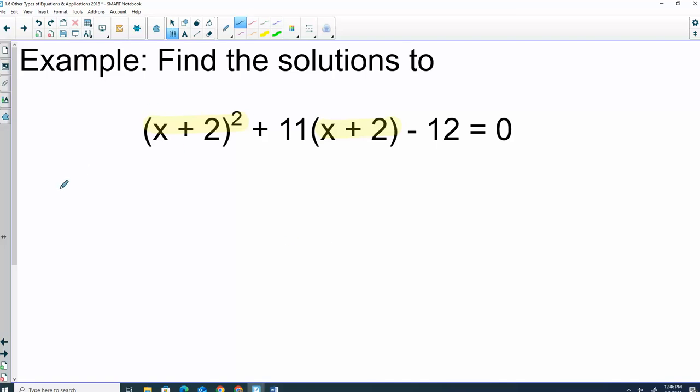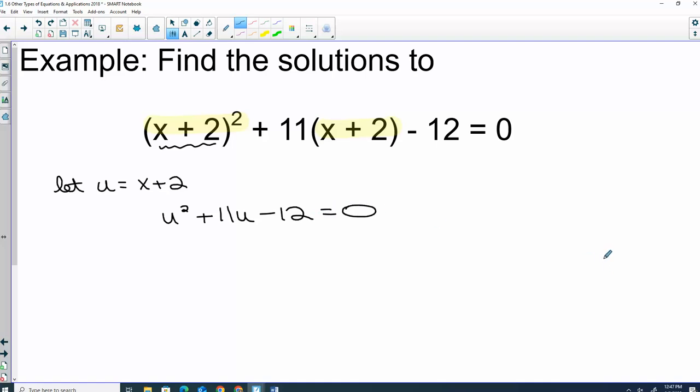So what we're going to do is substitution. We are going to pick a letter, I usually do u, and we're going to let it stand for that thing in parentheses. So u is going to be x plus 2. So every time I see an x plus 2, I'm writing a u in its place. Okay, so this becomes u squared plus 11u minus 12 equals 0.